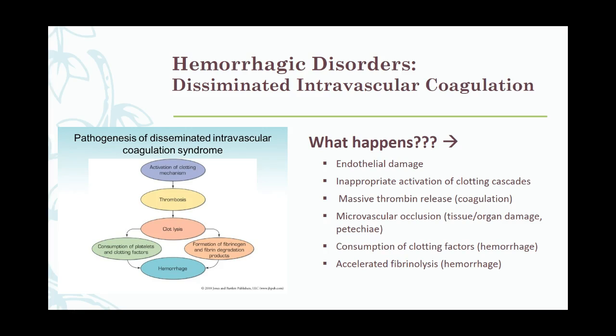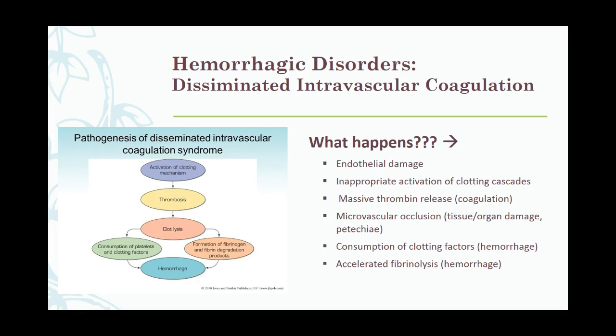Okay, so let's go over this again. We have some type of endothelial damage, and our body then activates our clotting mechanisms. Then we have thrombosis. Now, thrombosis causes our blood to clot, right? And now we end up with clot lysis.